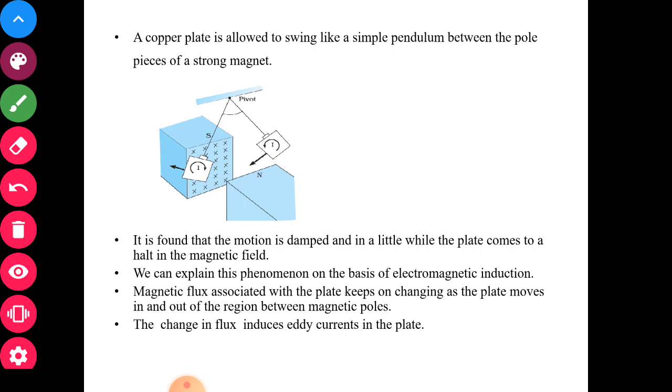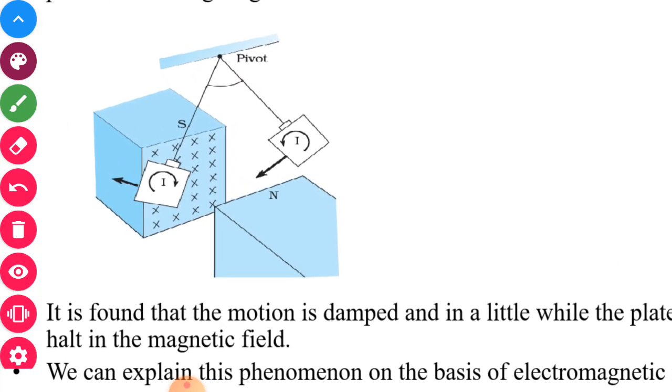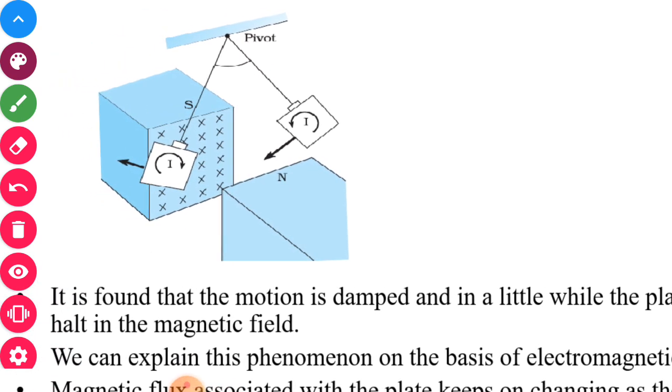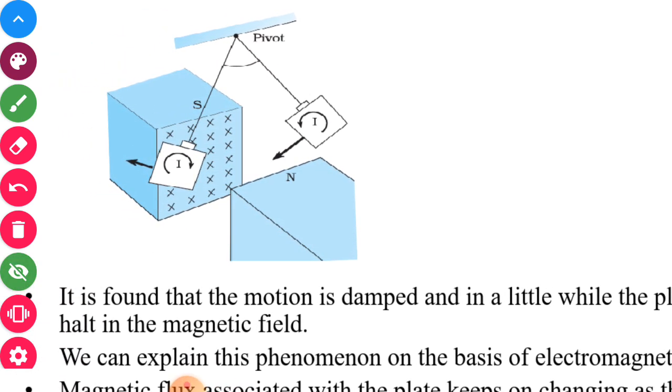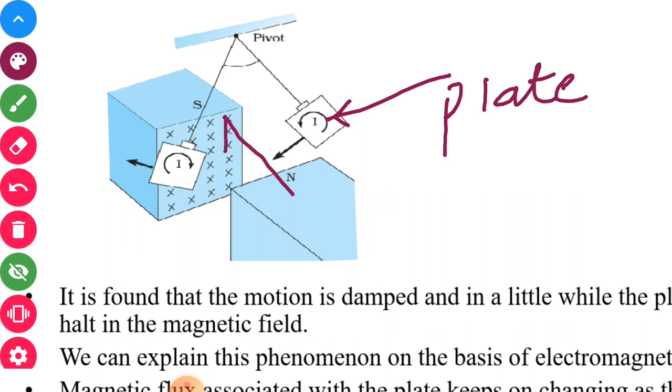In a little while the plate comes to a halt in the magnetic field. The current produced in the plate is going to produce a magnetic field which opposes the very cause. The very cause means motion of this plate in this external magnetic field.